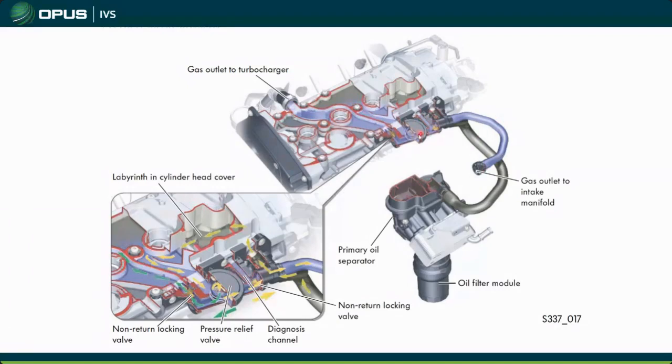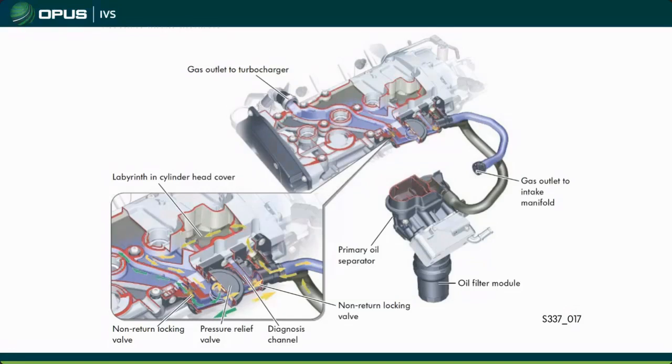This is what I was talking about, how we do this switching between normally aspirated mode and boost mode, and it's constantly going back and forth. We have a couple of non-return valves and our pressure regulating valve, and this thing is going back and forth and back and forth. As you're giving it gas, you come off the gas, boost builds, boost goes down, vacuum takes over, and you bounce back and forth between those.